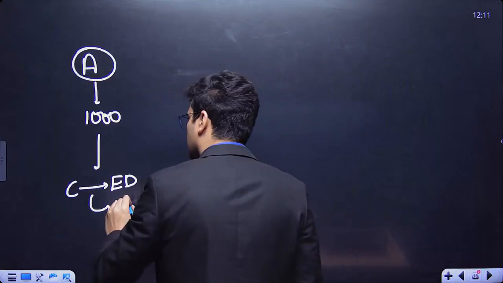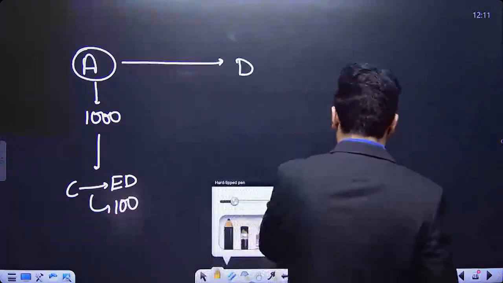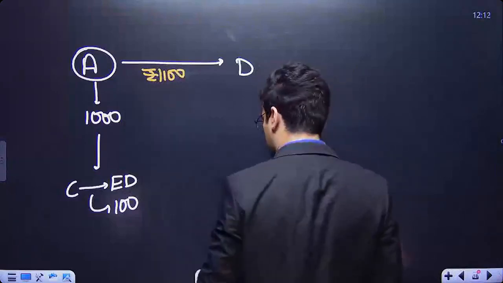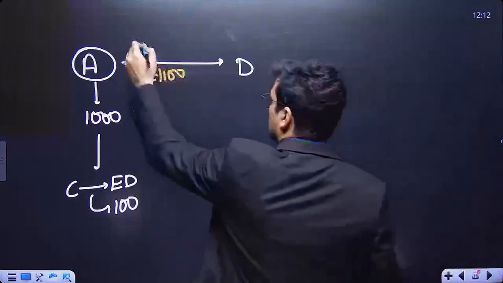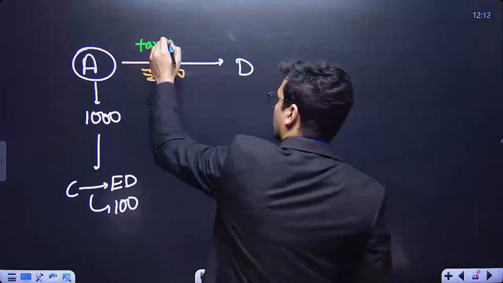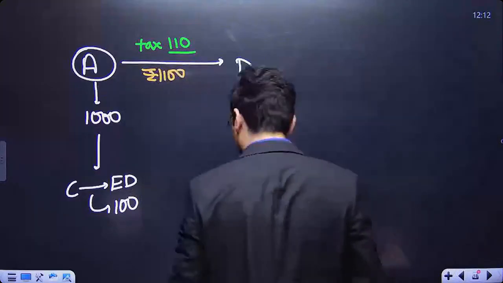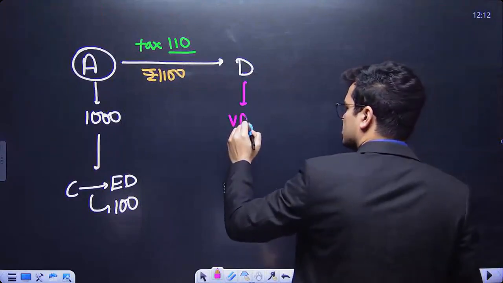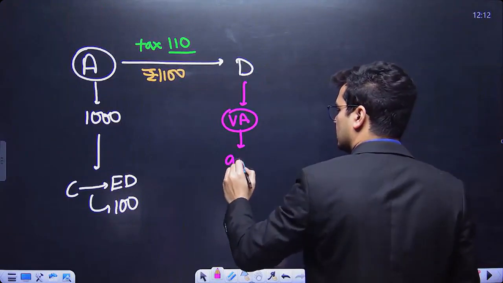To the distributor, he sells this laptop for rupees 1100, takes tax of 110 rupees. Distributor does value addition of 90 rupees.